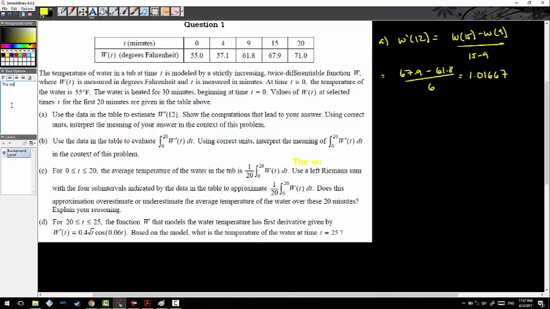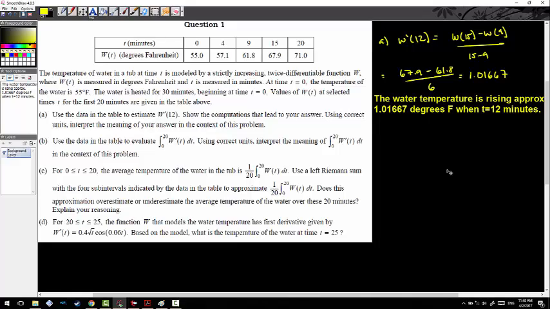So the water temperature is rising approximately 1.01667 degrees Fahrenheit per minute when t is equal to 12 minutes. Bam. And I think that's good enough for our part A.